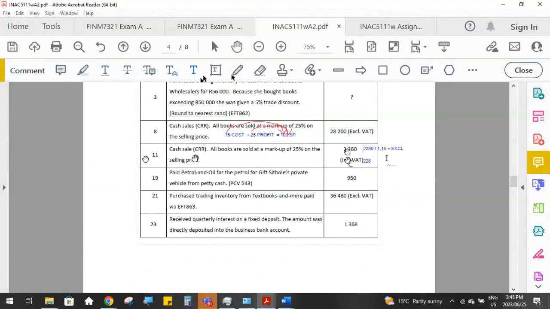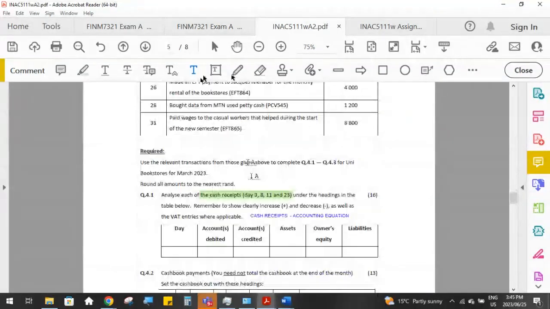Or you could also say 2280 multiplied by 100 over 115. And that will also give you the excluding VAT amount. And then obviously the including minus the excluding is equal to the amount of the VAT. And that's how you get the amount of the VAT to go under the VAT column.